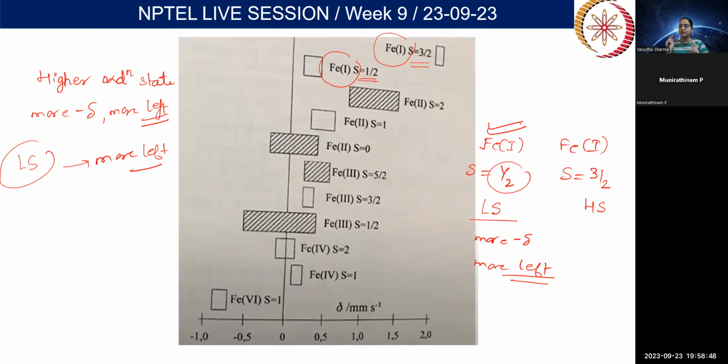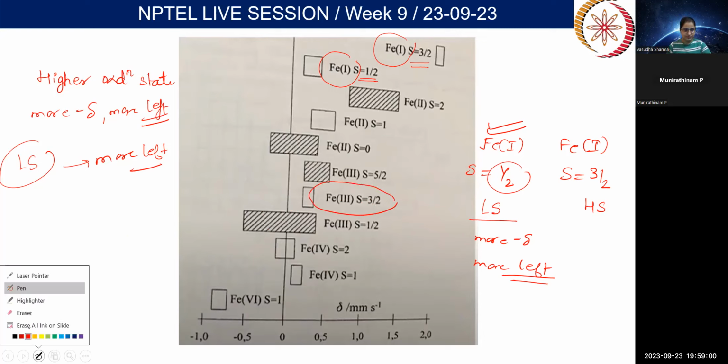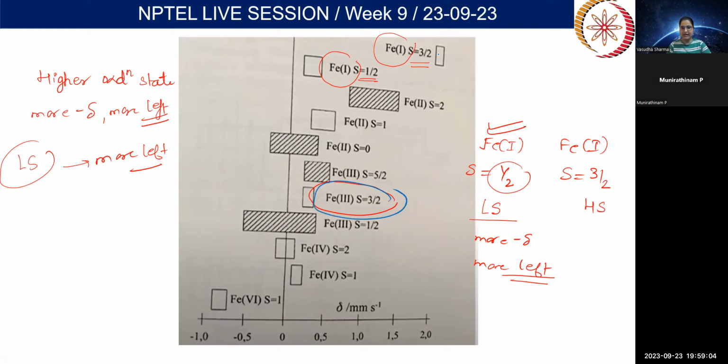Now take two different oxidation states, but having same spin value. Say for example, I have iron with S equals to 3/2 and iron with S equals to 3/2. Iron in +1 and iron in +3. Both are 3/2, 3/2.